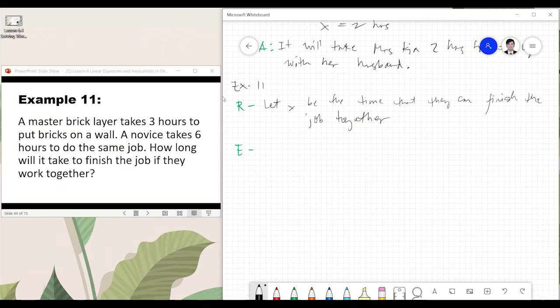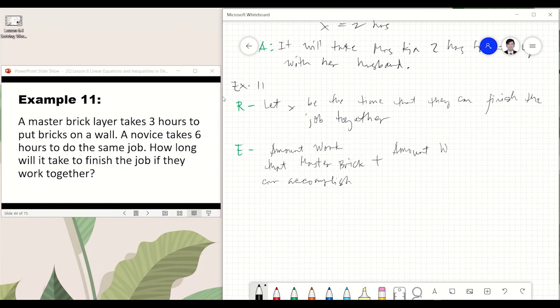So, yung equation natin would be the amount of work that the master brick can accomplish. Plus, since both of them will help each other to finish the task, so yung gagamitin natin na operation is plus.